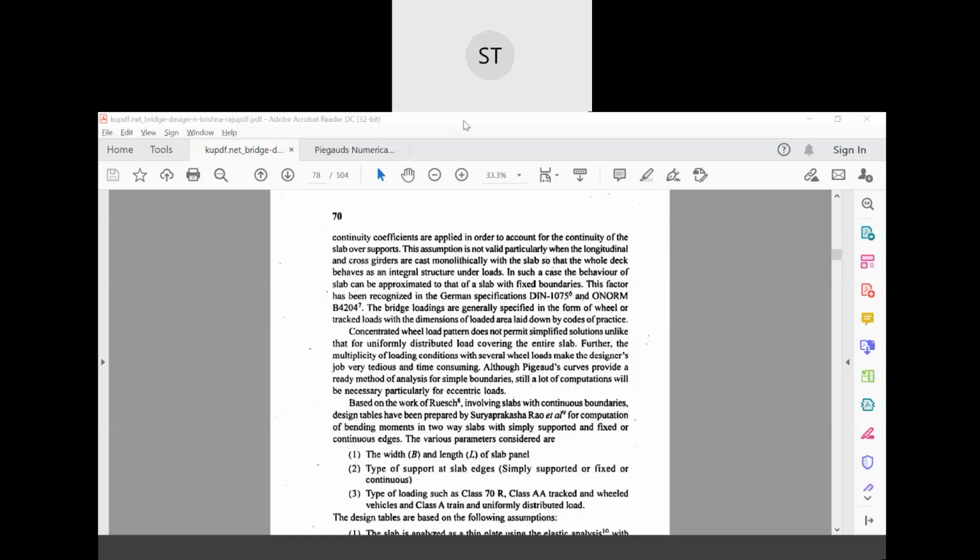Please find out capital M1 and capital M2.